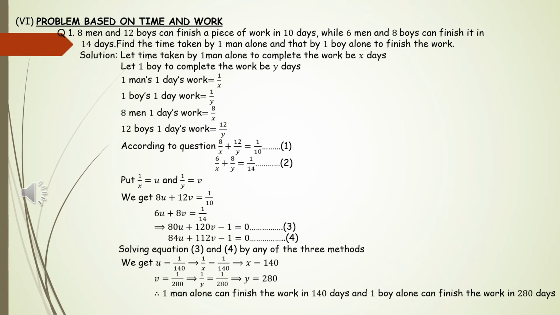Next is problem based on time and work. Question number 1. 8 men and 12 boys can finish a piece of work in 10 days, while 6 men and 8 boys can finish it in 14 days. Find the time taken by one man alone and that by one boy alone to finish the work.